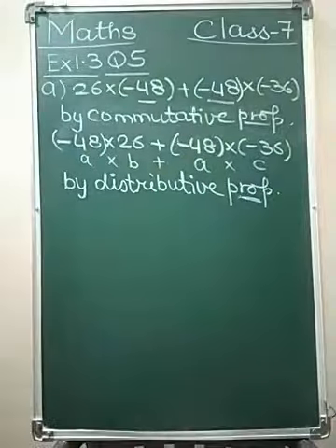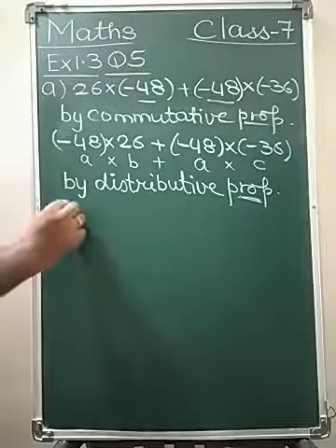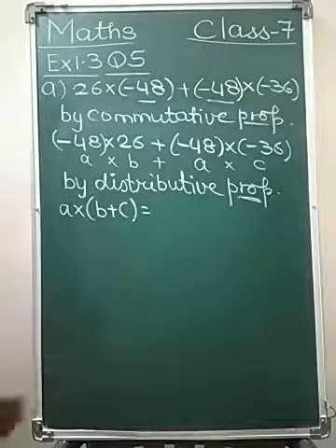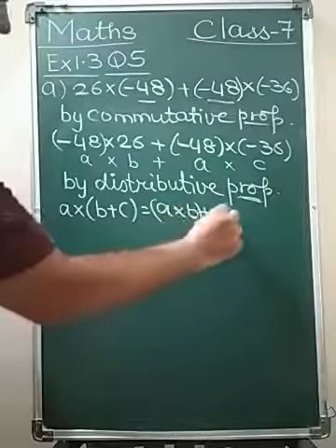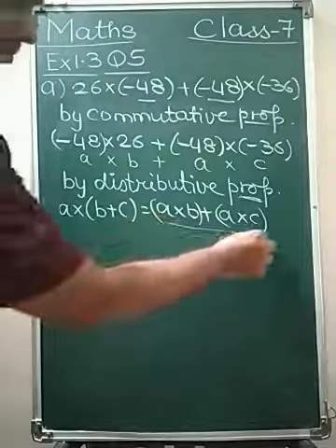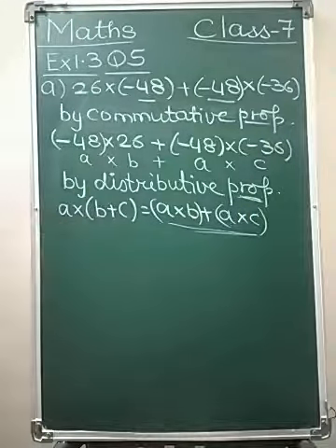Using the distributive property, a multiplied by (b plus c) equals a multiplied by b plus a multiplied by c. So this is the form that we can see here, and this form can be written in this format also.